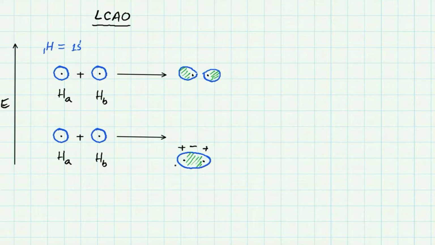This is the in-phase combination of these wave functions of these two separated atoms so as to give rise to this molecular orbital. This molecular orbital that contains electron density in between these two nuclei is called the bonding molecular orbital. It will be lower in energy as compared to the total energy of the individual atomic orbitals. And this is because of the in-phase combination of the electron densities or the wave function.